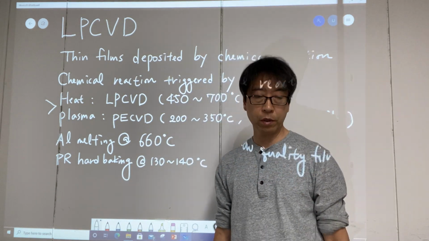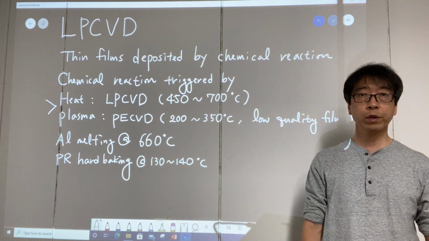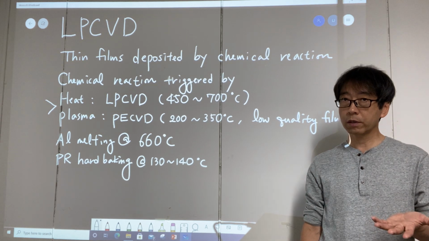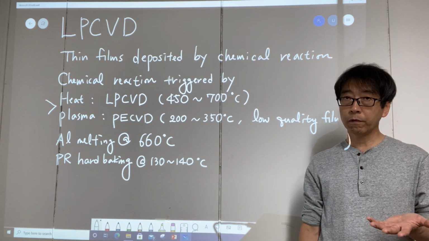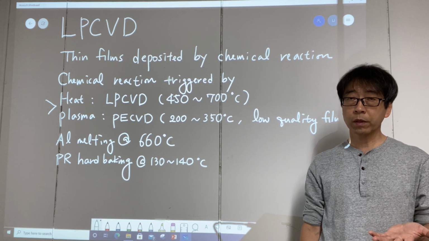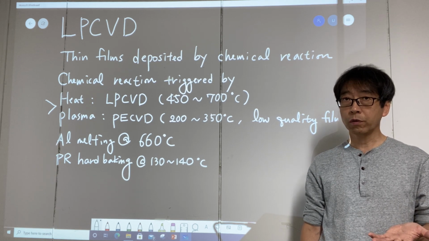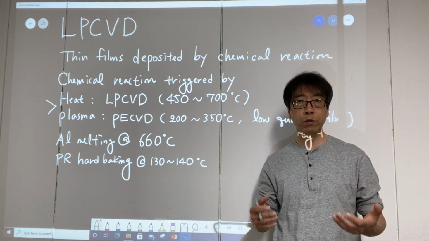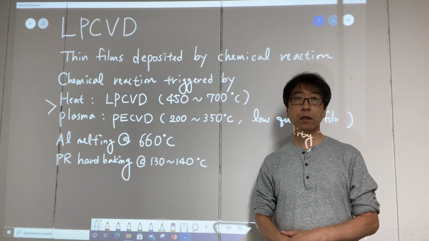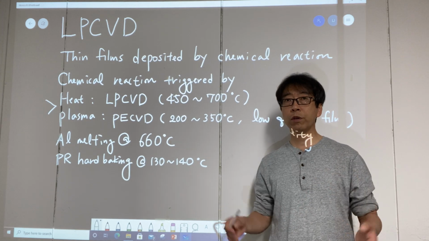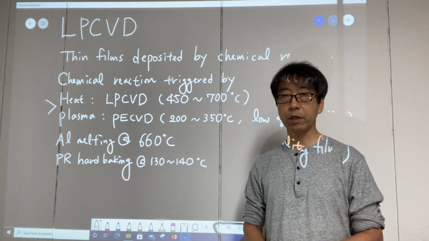So what will happen if you put your wafer with photoresist coated on it into the furnace? Well, photoresist is a polymer. Obviously, this polymer will just burn, and it will screw up everything actually, because it burns, it produces fume, and it contaminates all the interior of your furnace and LPCVD.